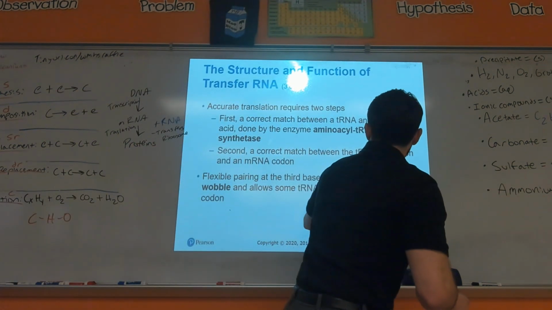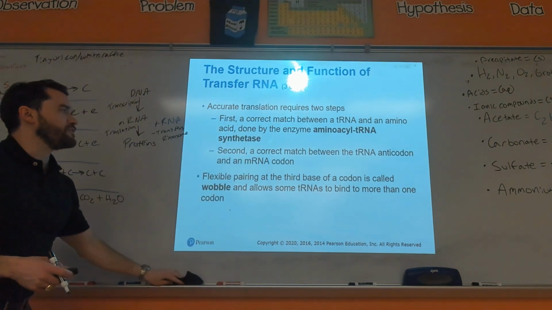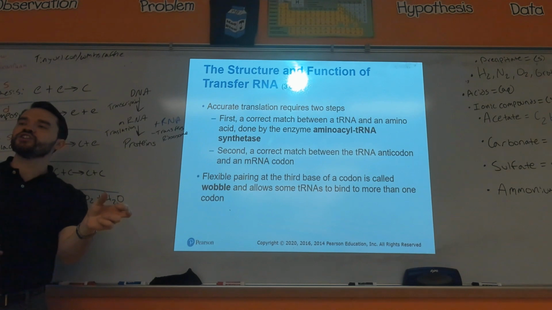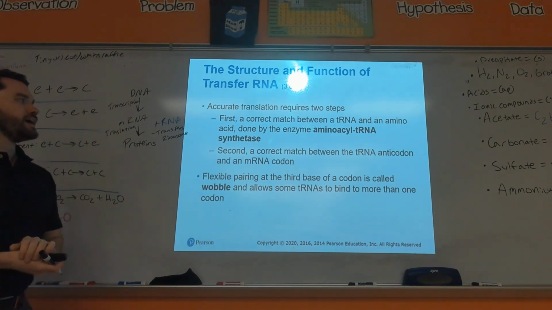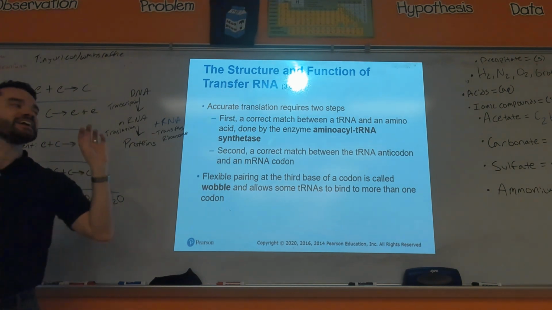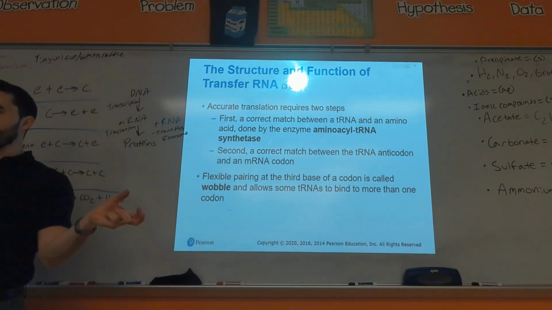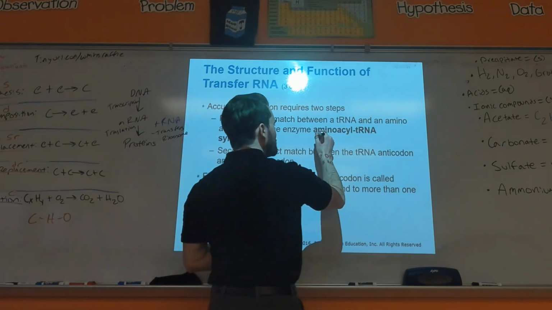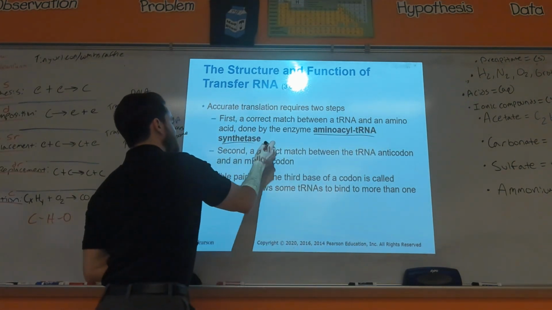So I mentioned this before, that you have a specific tRNA that goes with a specific amino acid. Now, there is an enzyme that will facilitate the binding of an amino acid with the tRNA. That enzyme is called aminoacyl-tRNA synthetase.